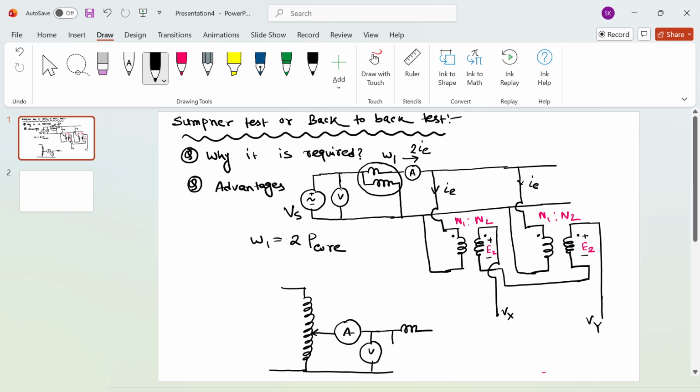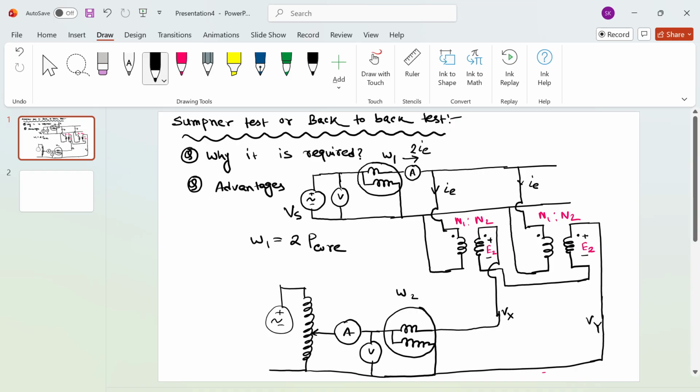This is your another wattmeter W2, connected this way. Okay. And let's say you are interested to know the full load copper loss. And this again is your supply side. So you can vary this tapping to generate the full load rated current.